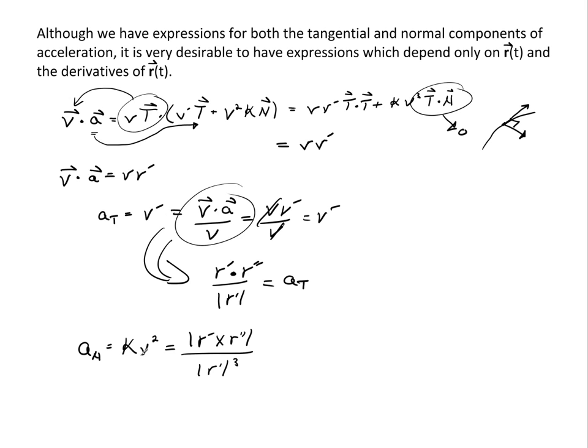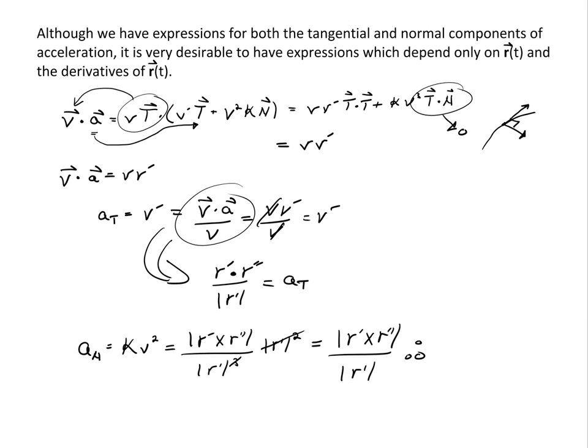But now I need to multiply this by velocity squared. Well, velocity squared is the magnitude of r prime squared, because r prime is velocity. Well, that's going to cancel here. So I'm going to get this normal component as being really nice. It's simply the magnitude of r prime cross r double prime divided by the magnitude of r prime.